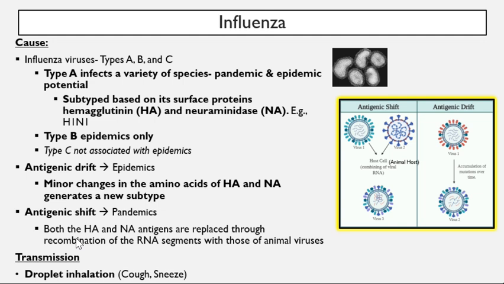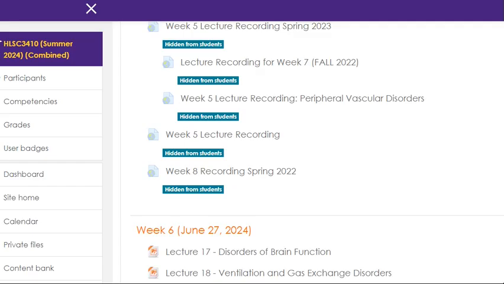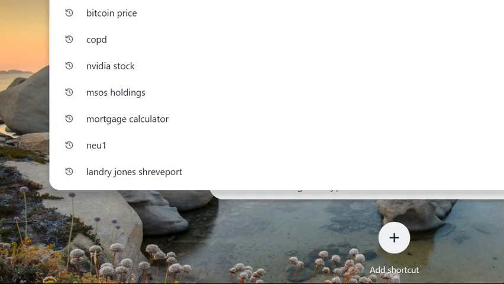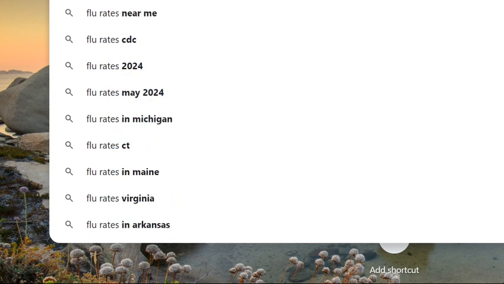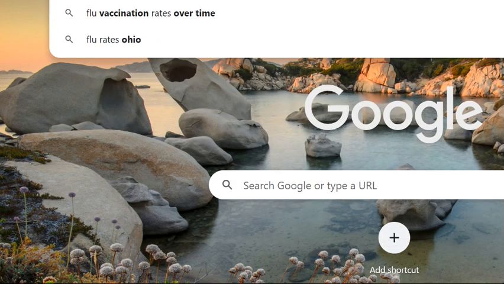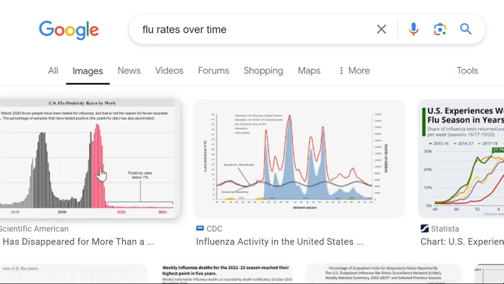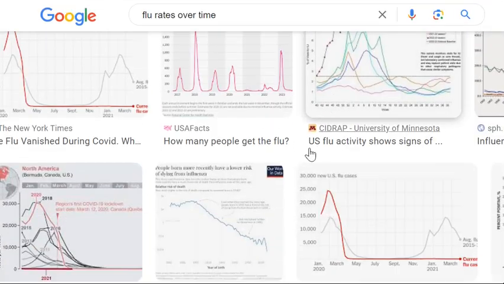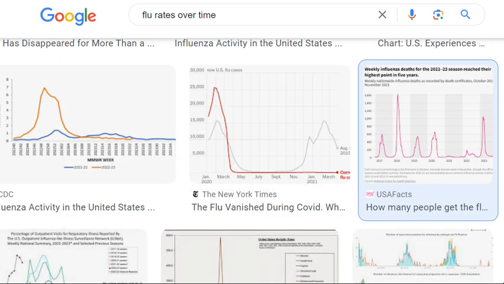And if you remember when we all wore masks, the flu rates just plummeted with regard to people getting sick. Yeah, so this is a good graph.